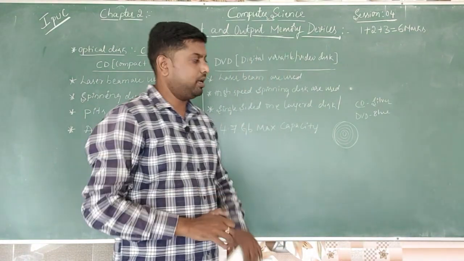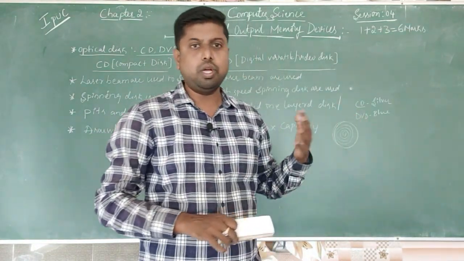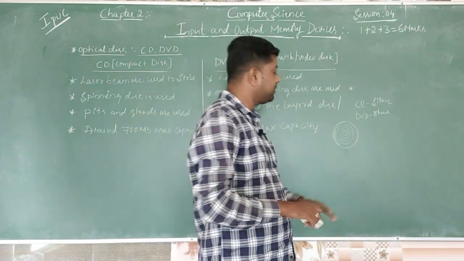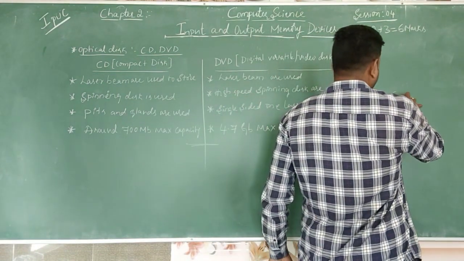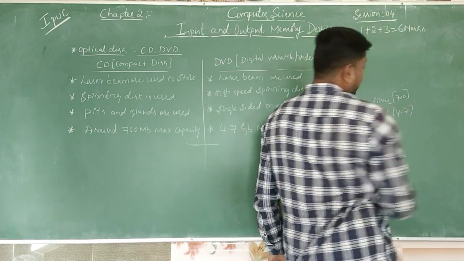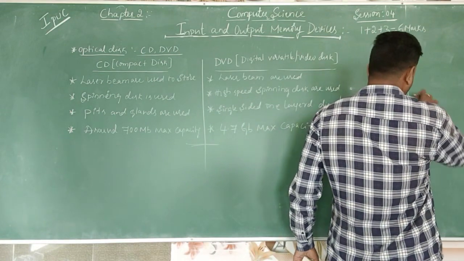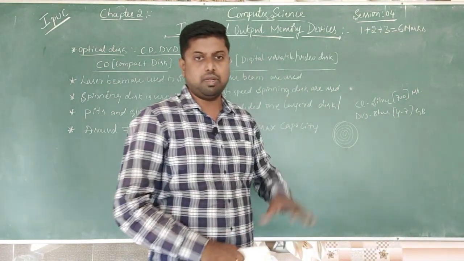With the help of that color identification, we can categorize whether it is a CD or a DVD. The maximum capacity of a CD is around 700 MB, but a DVD is around 4.7 GB. So there is a huge difference between CD and DVD.